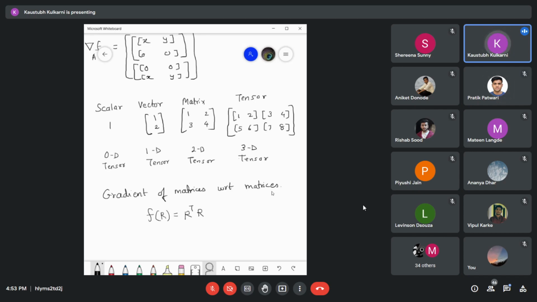Let's say R is any general matrix, and K is equal to R transpose multiplied by R. Dimensions of R are M cross N, and what will be the dimensions of K?